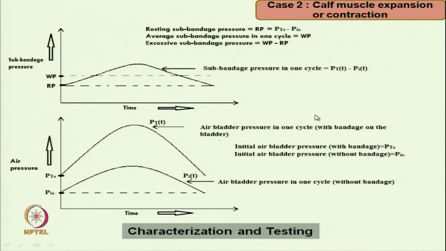Now, here it is one cycle, where it shows the time within one cycle. Here this one is the air bladder pressure in one cycle without bandage. Initially, when the piston moves from left to right, the air inlet in the bladder will get expanded.